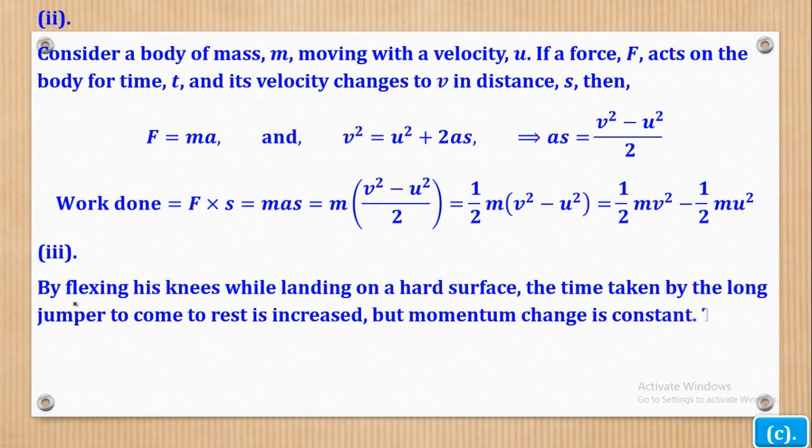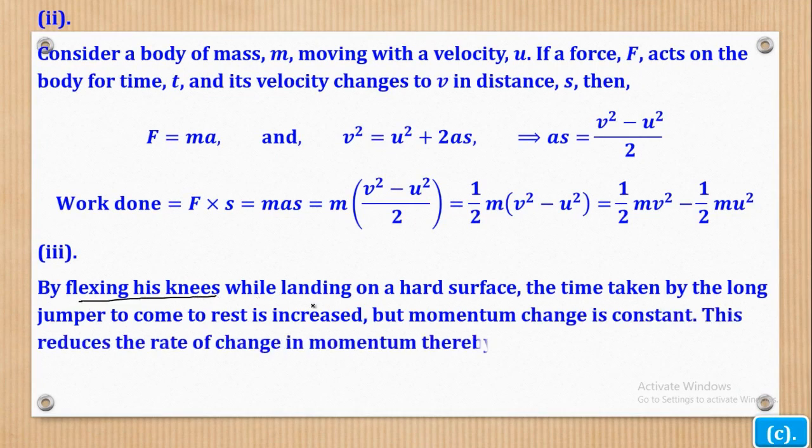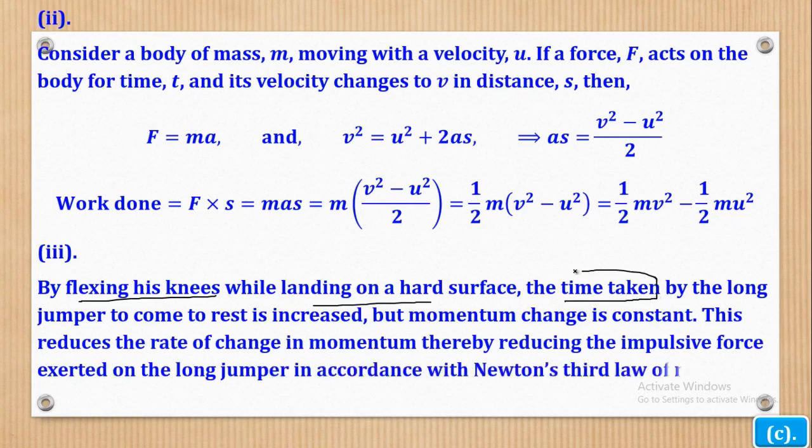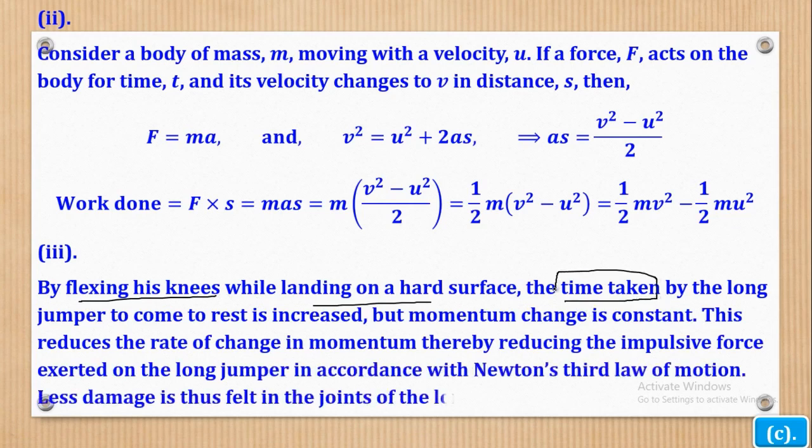So we shall say that by flexing his knees while landing on a hard surface, the time taken, know that word time taken, by a long jumper to come to rest is increased. Know that word increased. But the change in momentum remains constant.